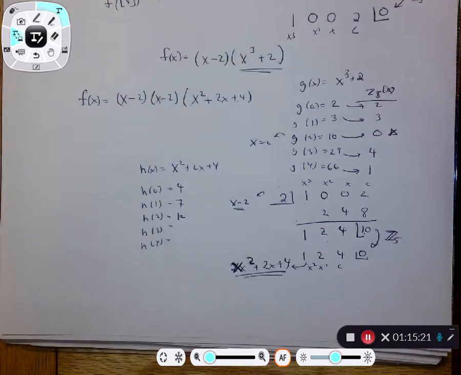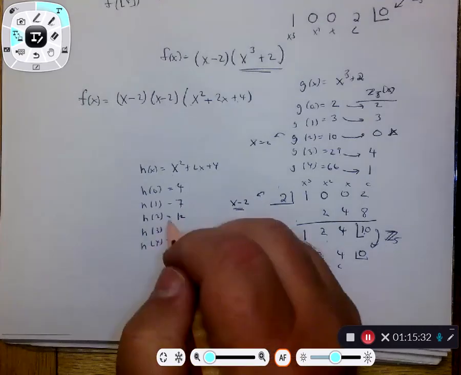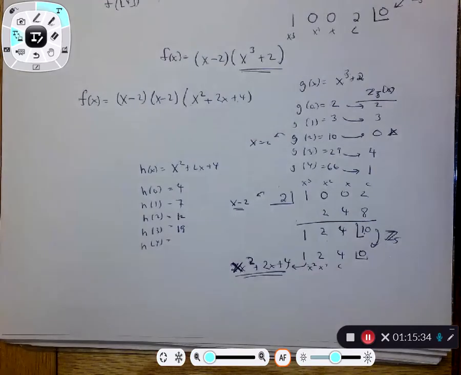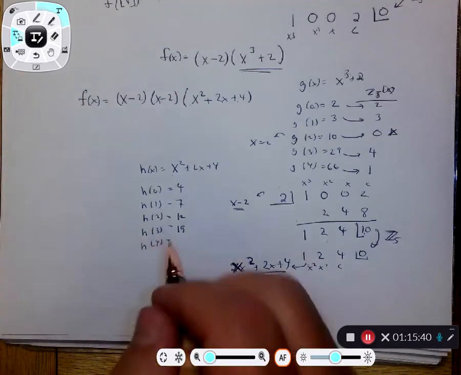Three squared is 9, plus 2 times 3 is 6, plus 4 is 19, and 4 squared is 16, plus 2 times 4 is 8, plus 4 is 28.